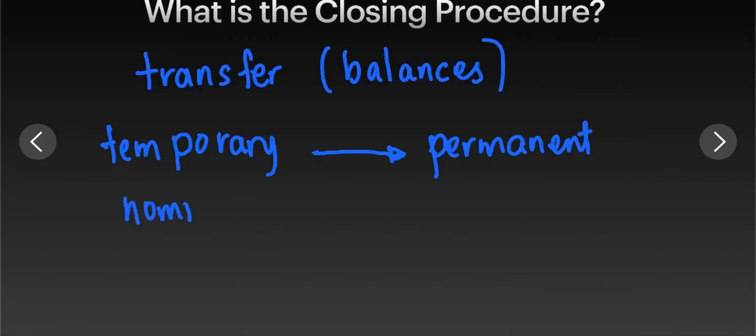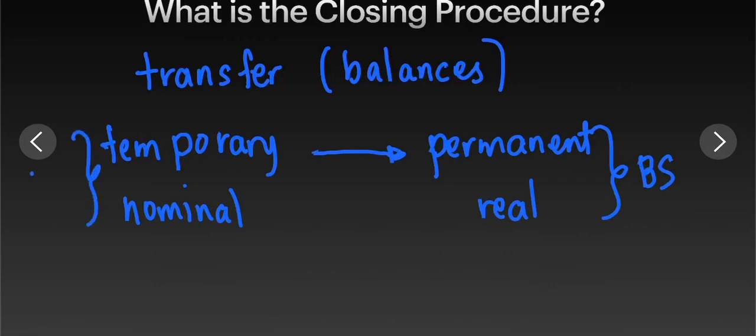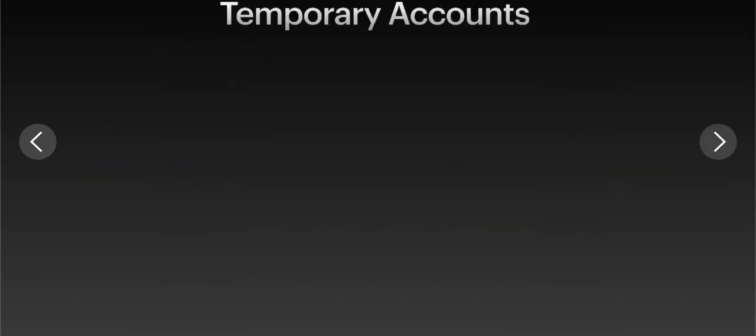Temporary accounts are sometimes referred to as nominal accounts, and permanent accounts are sometimes referred to as real accounts. Permanent accounts are the balance sheet accounts, and temporary accounts are the income statement accounts.